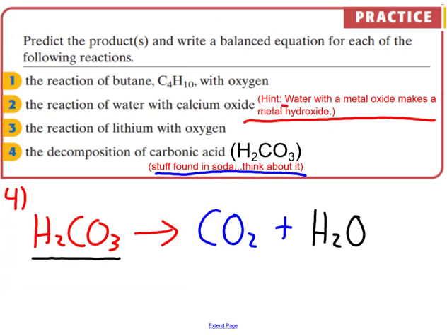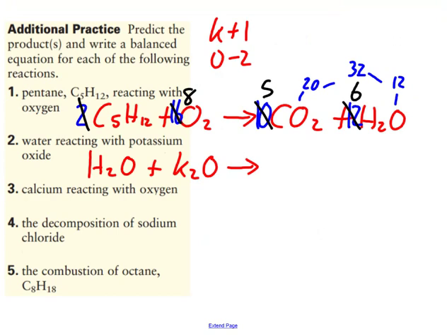Water with a metal oxide makes a metal hydroxide. Okay. So, metal hydroxide. So, it should be KOH. There's my metal hydroxide, just like number 2 on the last page. So next up, I should probably balance, and that should be fairly simple.